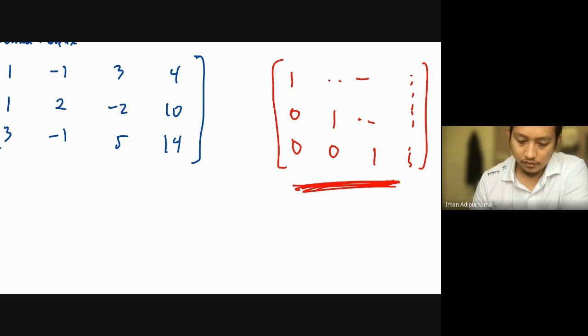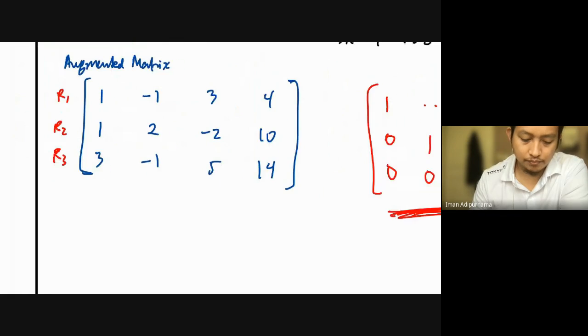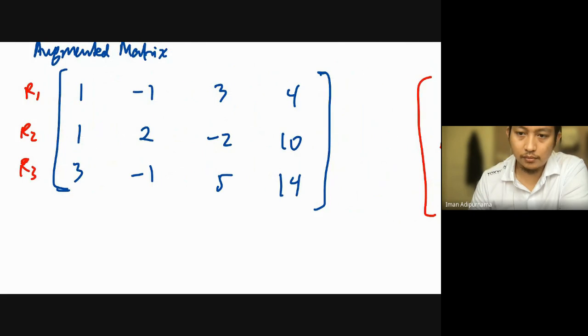Now, doing those efforts needs some math operations. We can do every math operation: we can multiply a row with a constant, like multiply with 3.